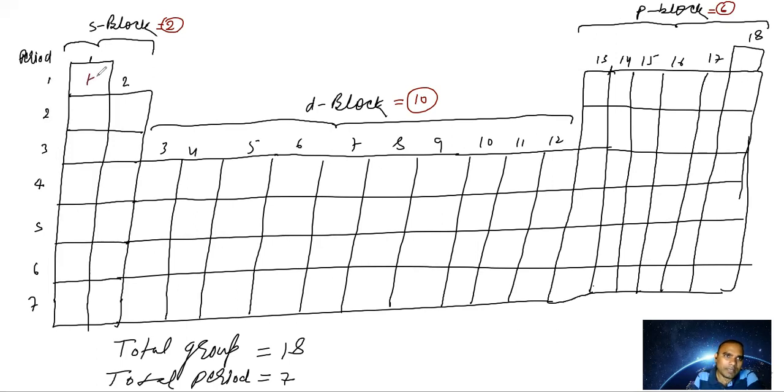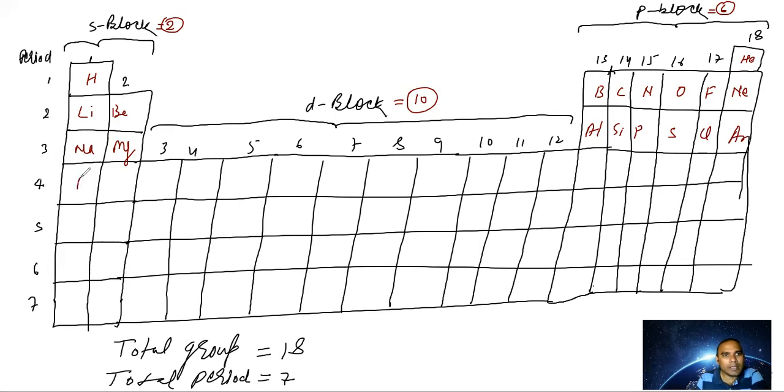Here, if you are filling, that is hydrogen. Here is going to be helium. Lithium, beryllium, boron, carbon, nitrogen, oxygen, fluorine, and neon. Here you see sodium, magnesium, then aluminum, silicon, phosphorus, sulfur, chlorine, argon.